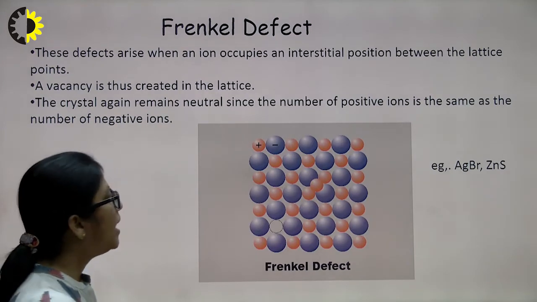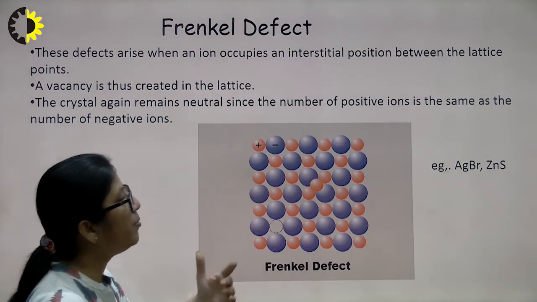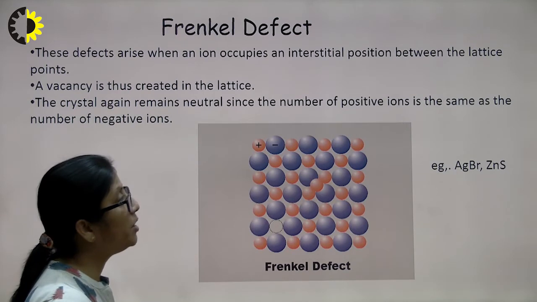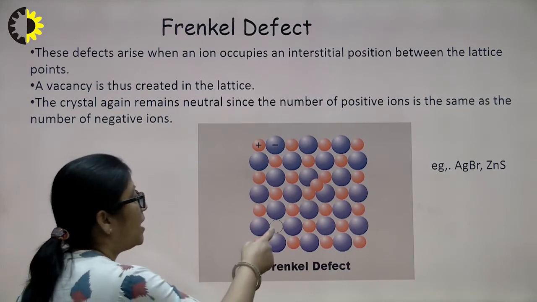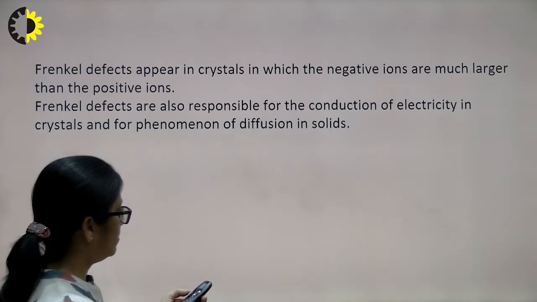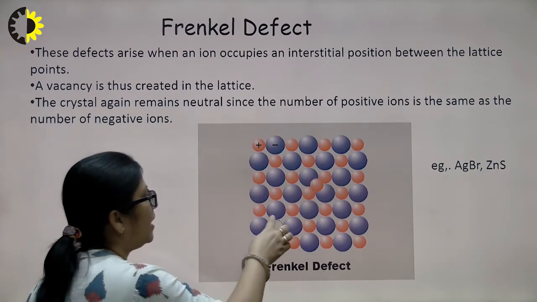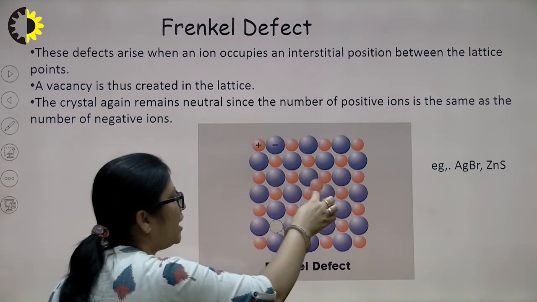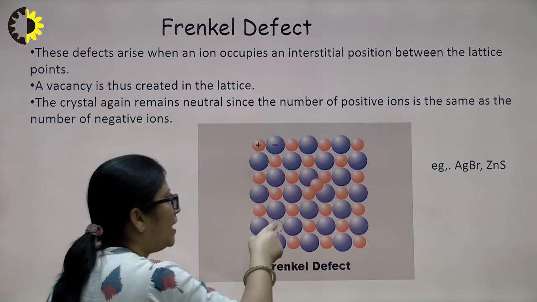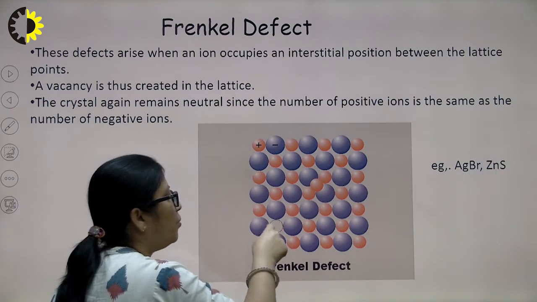Here I have taken the case of silver bromide and zinc sulfide, both of which show the Frenkel defect. Here we can see that the smaller ion, the cation, leaves its original position and moves to the interstitial position, and here this position becomes vacant.